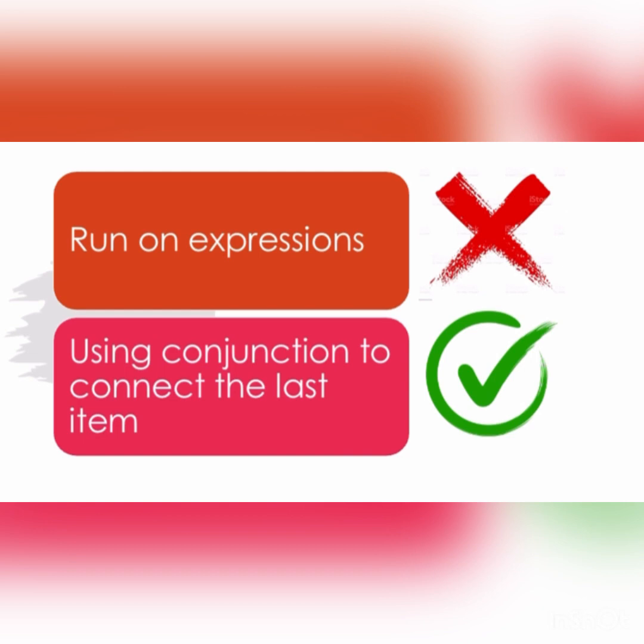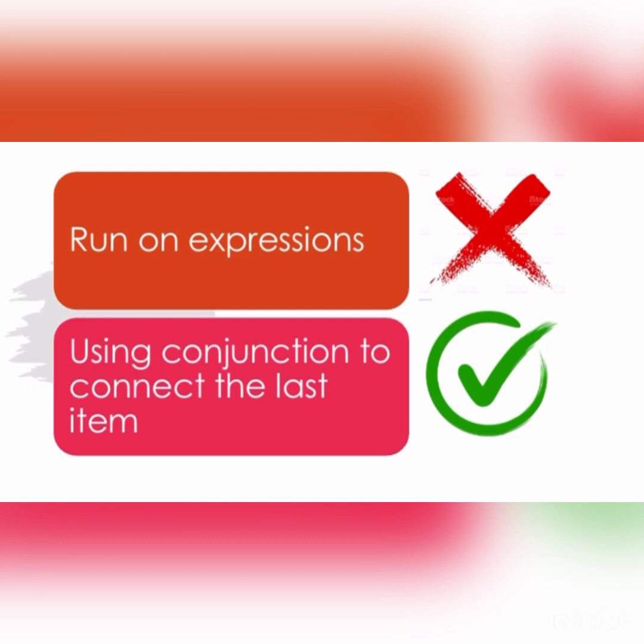Next one, run-on expressions. Like, if I'm saying I have got apples, oranges, etc. You can't say etc. or such kind of run-on expressions in an academic writing paper, but you have to use conjunctions to connect the last item in the list.